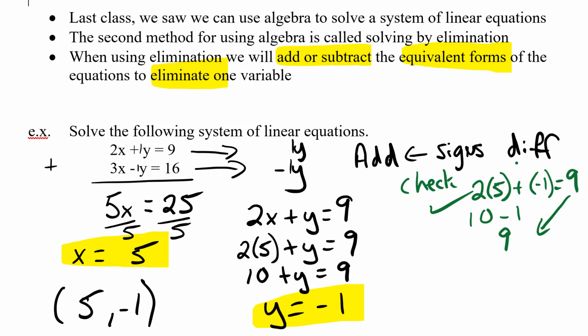And of course, we got to make sure this is the exact combination, so we got to use both equations. 3 times 5 minus negative 1 is going to be 16. Well, 3 times 5 is 15. Subtracting negative 1 is the same as adding, so it's plus 1. 15 and 1 is 16.